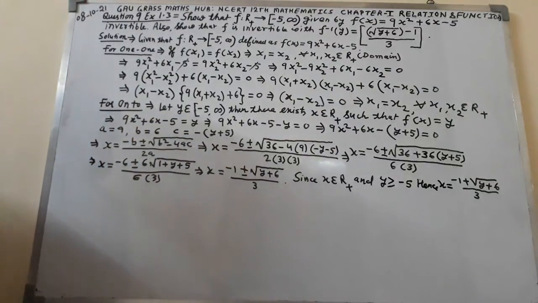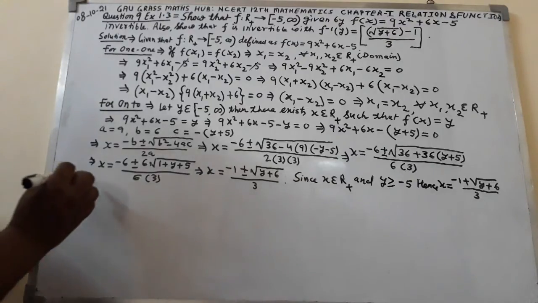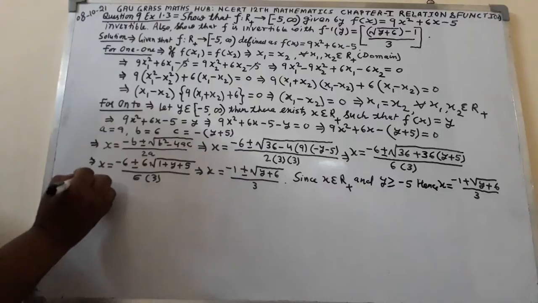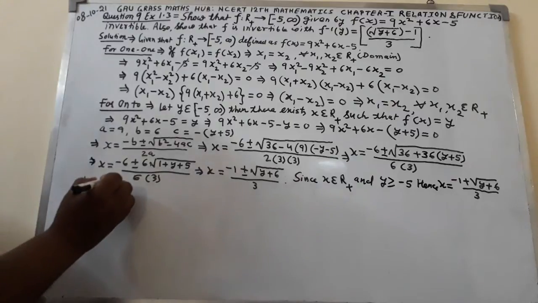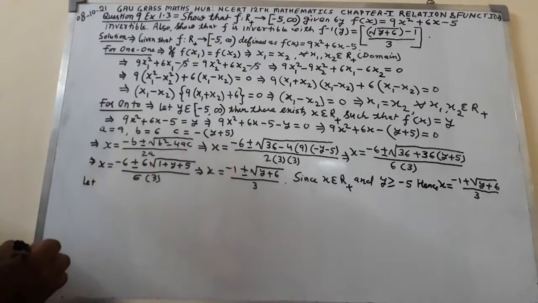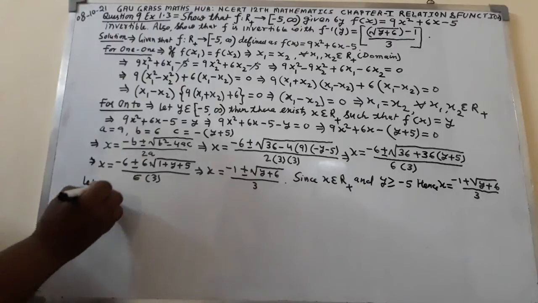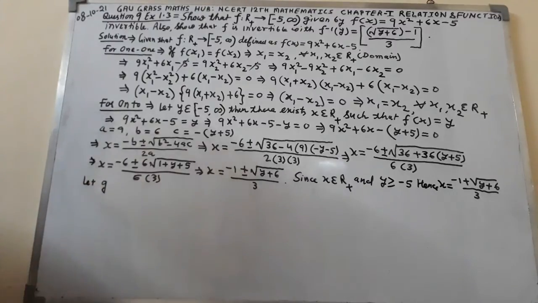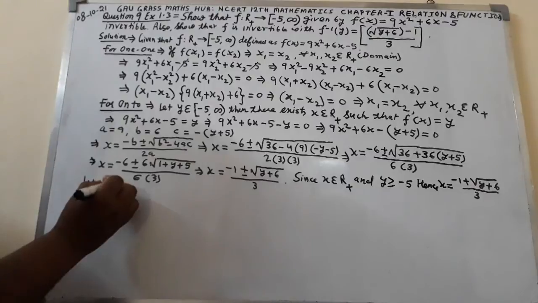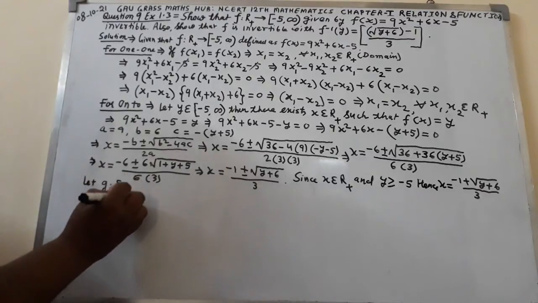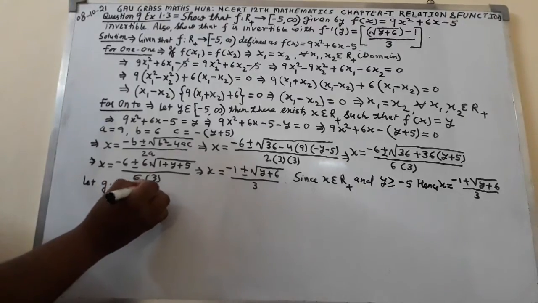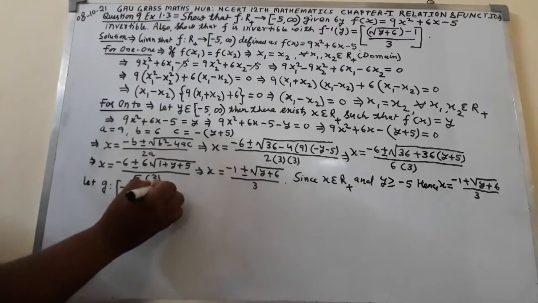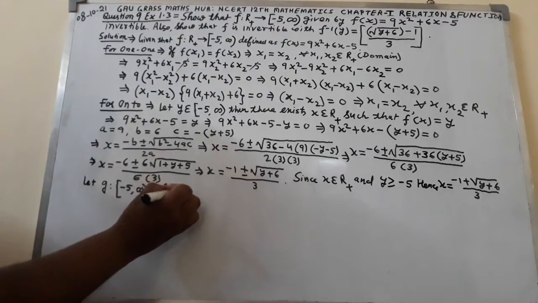Now what to do next? Next I shall write let g: closed interval minus 5 comma infinite open interval goes to set of positive real number.